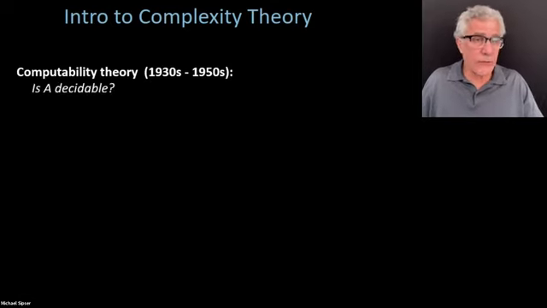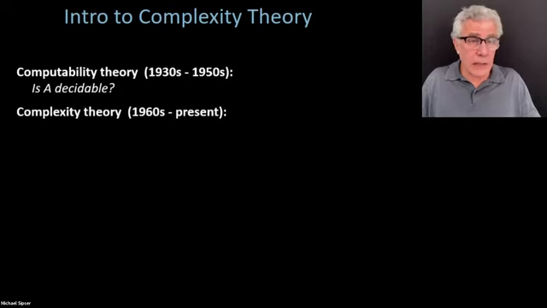The main question, if you boil the subject down to a single question, is: is some language decidable or not? Complexity theory got started when computability theory more or less wrapped up as a subject, largely because it answered pretty much all of the questions that it was asking. So there really aren't interesting unsolved questions left in that field. And you really need unsolved mathematical questions to keep a subject alive.